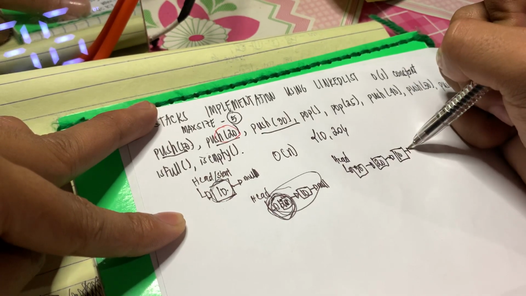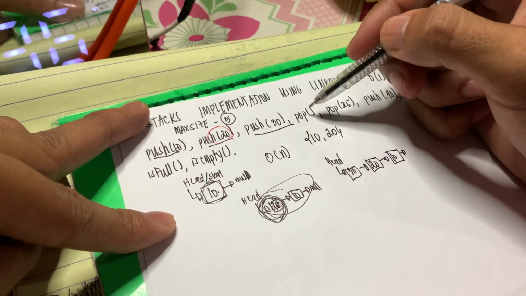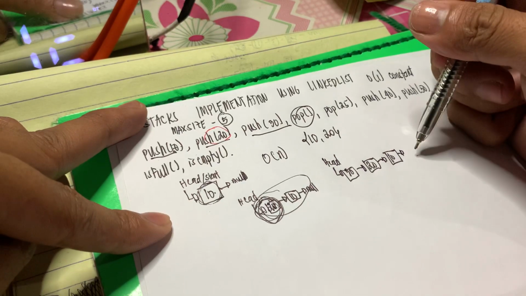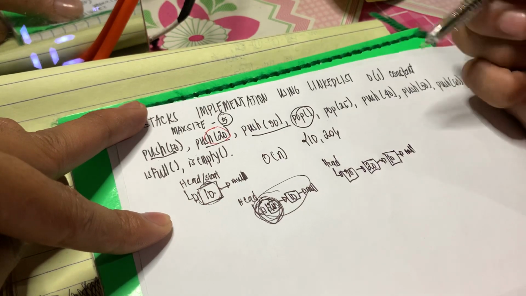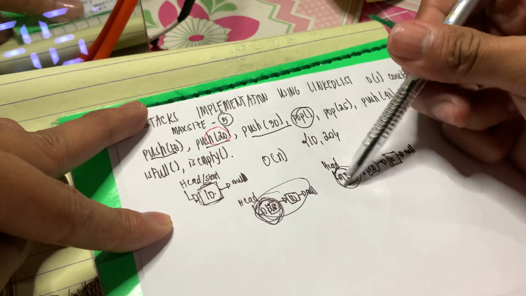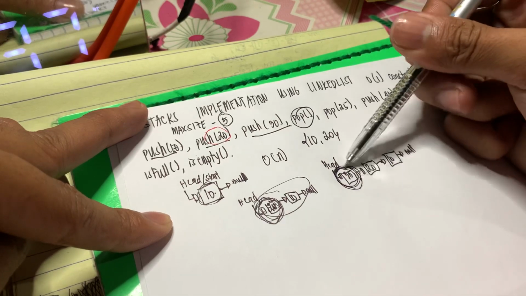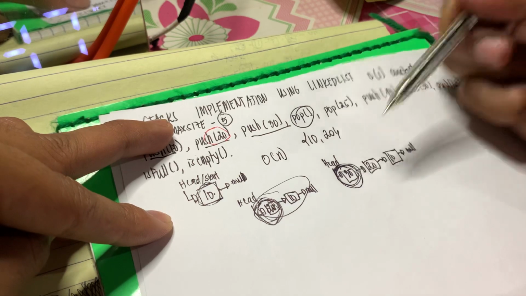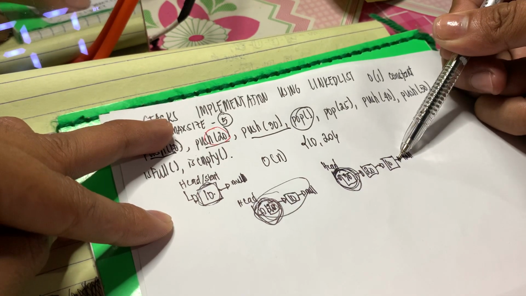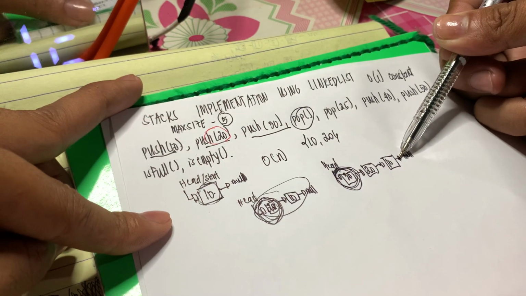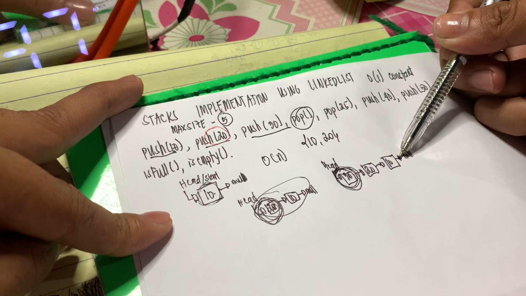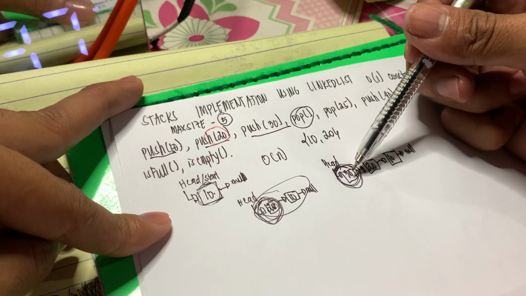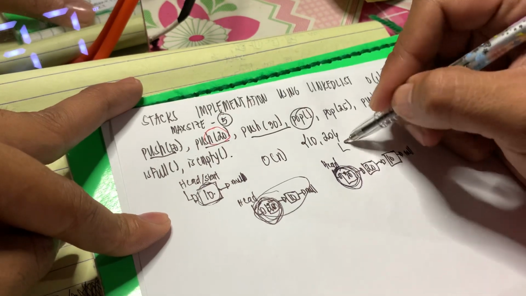How about if we do the pop? What will happen is we will pop the 30 here at the head point. We will not pop anywhere else, because the principle we are using here is last in, first out, or LIFO.